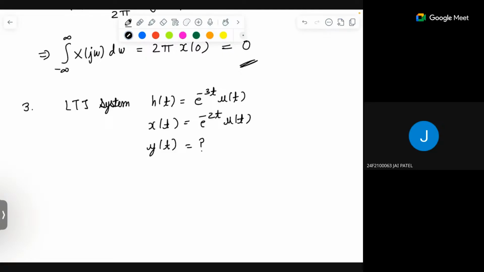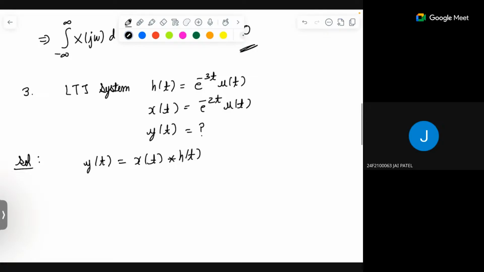Okay, so now time's up. Everyone, please pay attention. Let us solve it now here. So we have been given an LTI system. For an LTI system, we know that output is equal to input convolved with the impulse response.